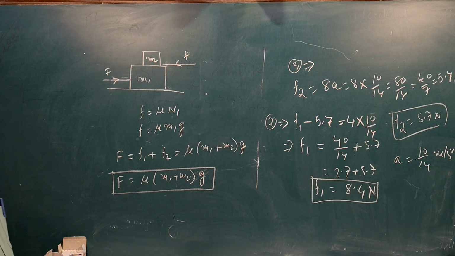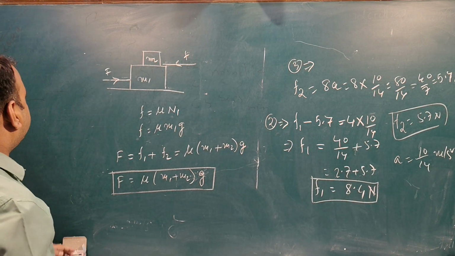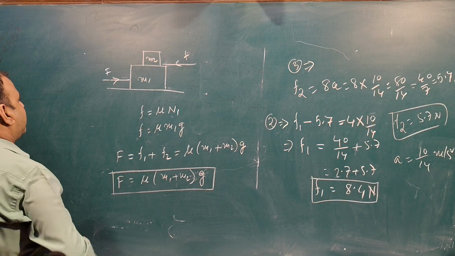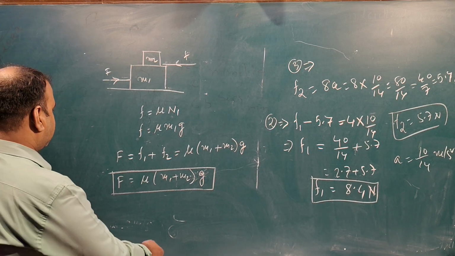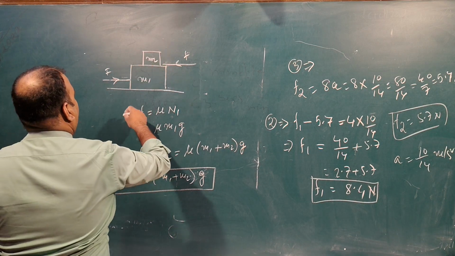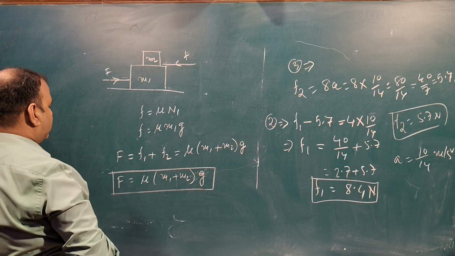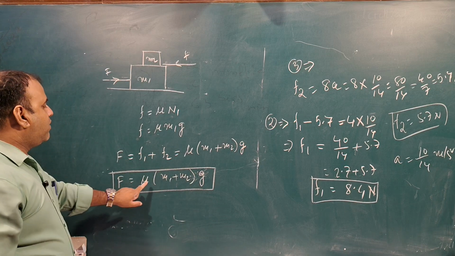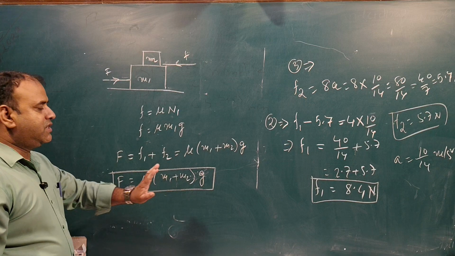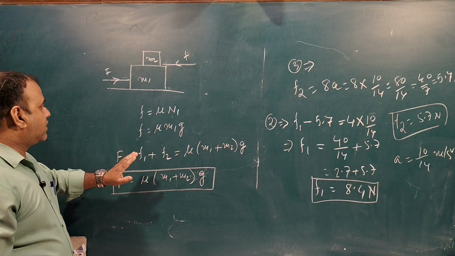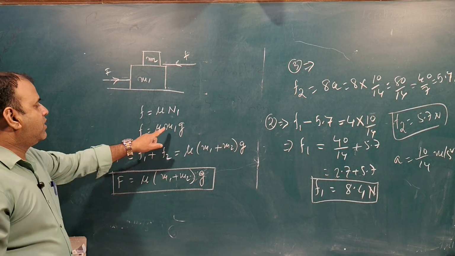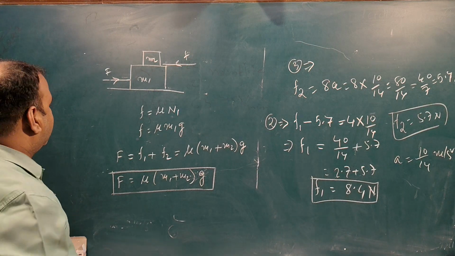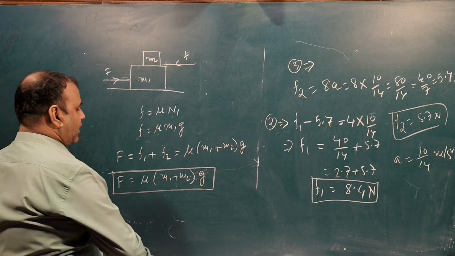So in this way we can easily calculate the forces. Maybe three bodies are given. In case of three bodies, suppose one more body is there. The force will be mu (M1 plus M2 plus M3) into g, and here you have to consider f is equal to mu M1 g. So in this way we can easily calculate the value of force.